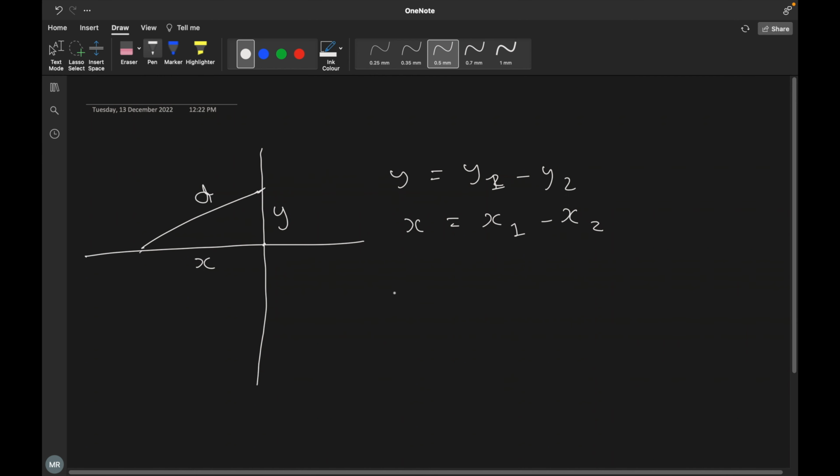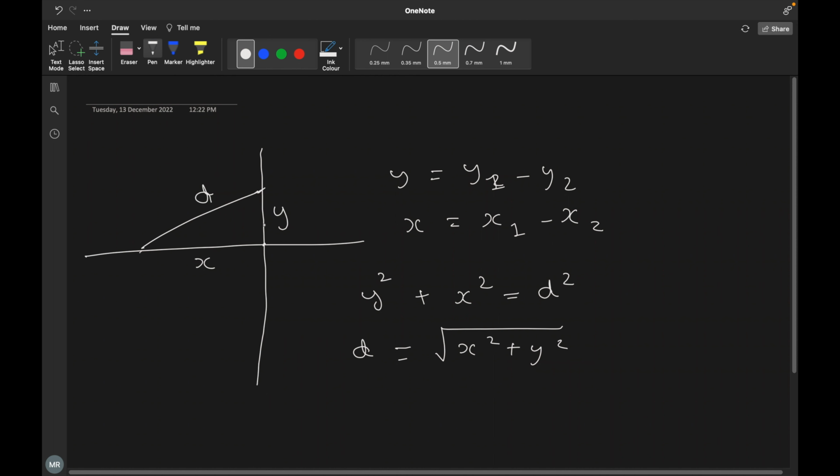So yeah, we know that x squared plus y squared equals d squared, which is the Pythagoras theorem, which you may have learned in like 5th grade. So d would be the square root of x squared plus y squared. That's true, right?